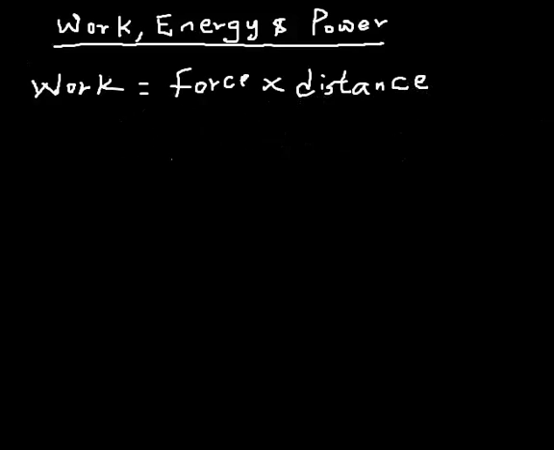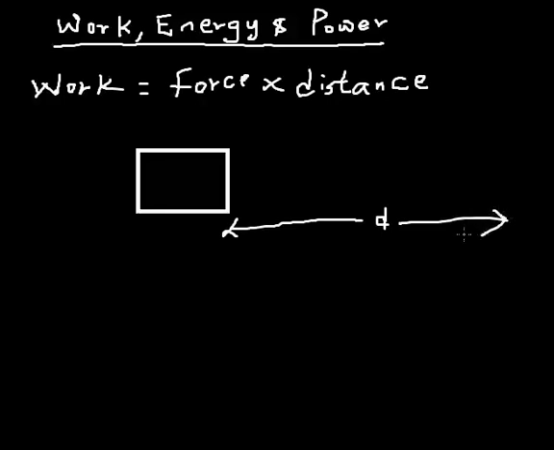For example, let's say you have a load and you need to move this load a distance D, by the application of a force F. So the work done here is equal to force times distance.